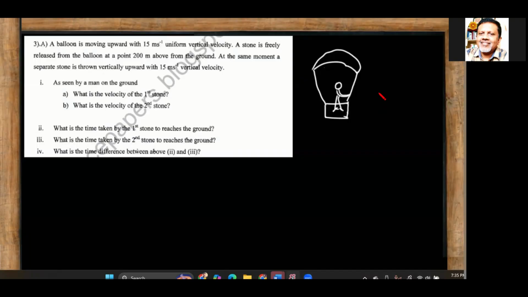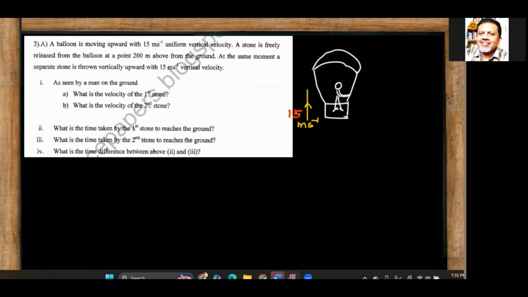The balloon is moving upwards with 15 meters per second. So we'll take the upward velocity of the balloon as 15 meter per second, right? It is 15 meter per second.